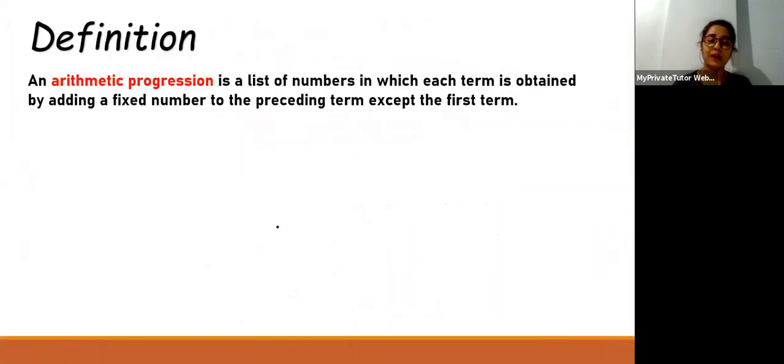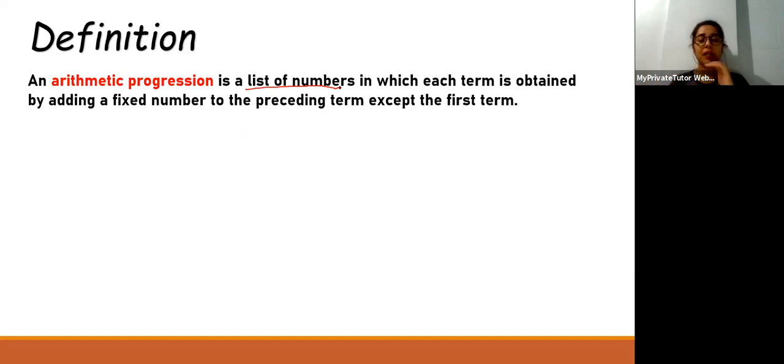The actual mathematical definition is: an arithmetic progression is a list of numbers in which each term is obtained by adding a fixed number to the preceding term except the first term. So whatever number you get next, you add a fixed number to the previous one except for the first one.